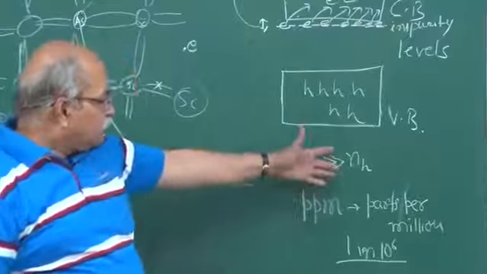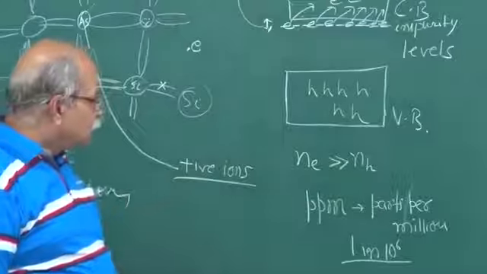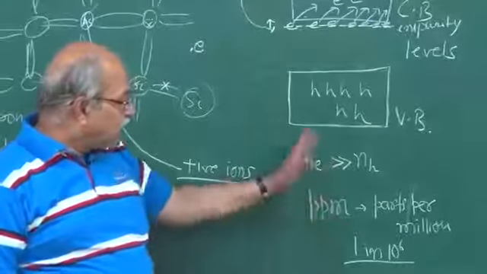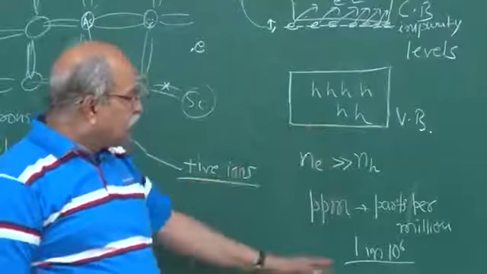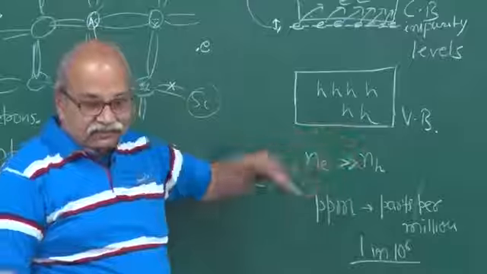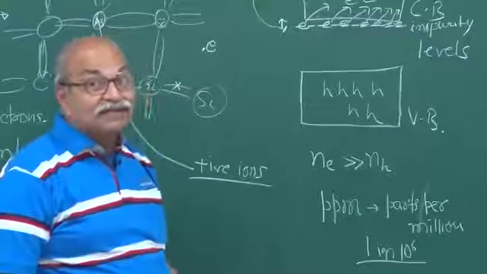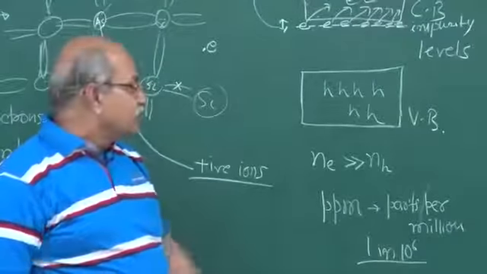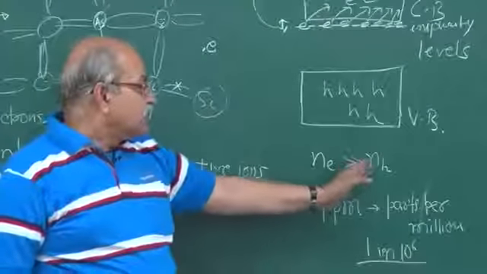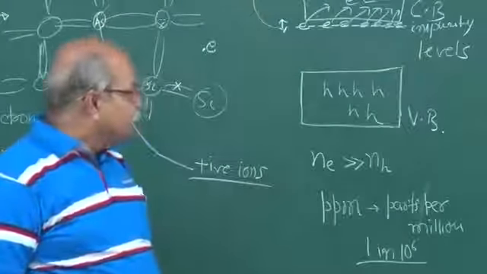So this type of doping, if you do, then you will have some 1 part in 10 to the power 6. So that's the fraction. You are putting new electrons there, new conduction electrons there. So this Ne will be much larger than this NH.